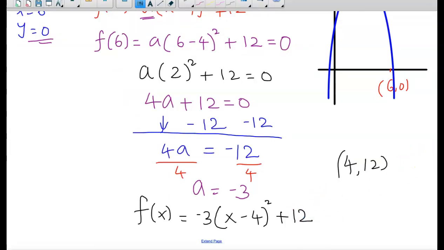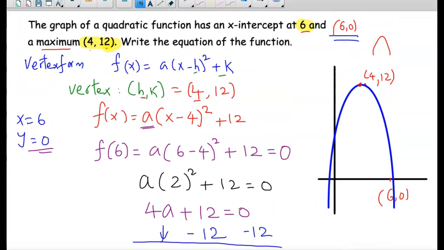The process is simple. Make use of the vertex form of a quadratic function. Using that vertex form, I first substituted the vertex (4, 12) for h and k, then simplified by going back and using the x-intercept.